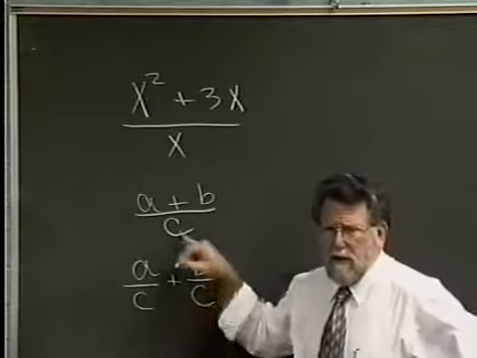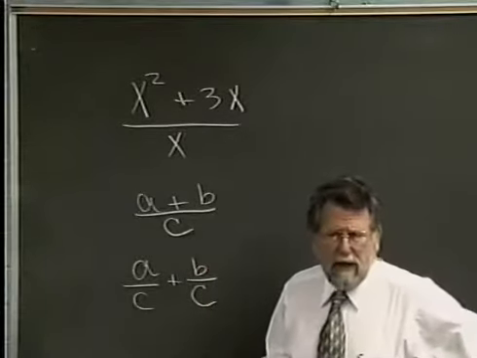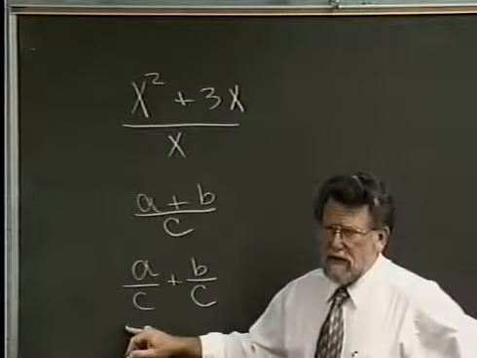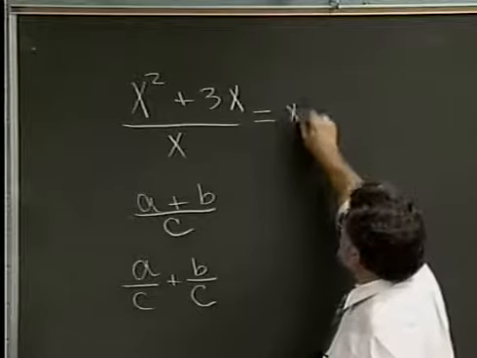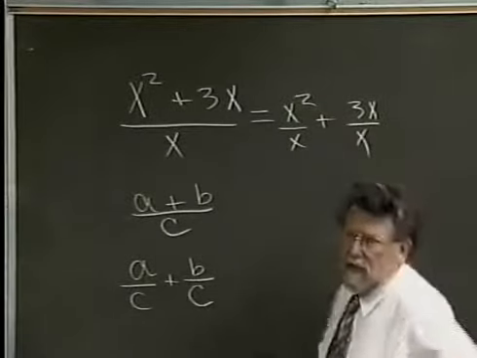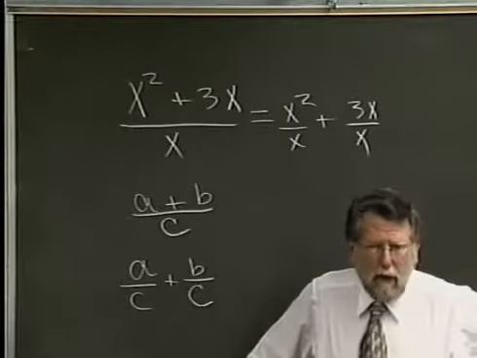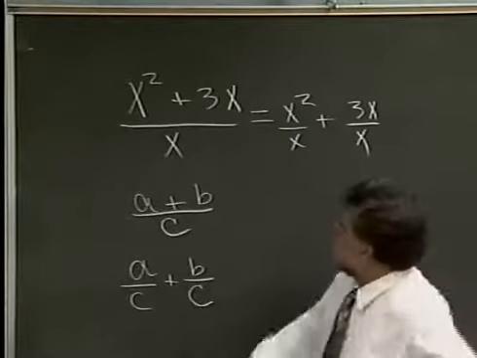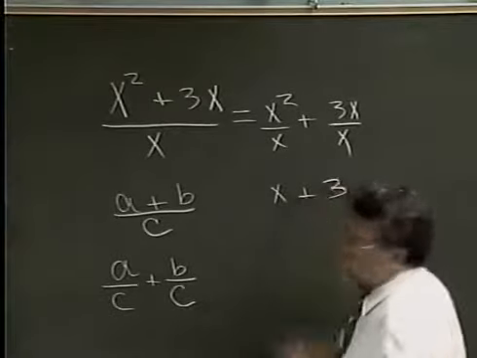If we started at the bottom and went to the top, that's the argument you get for adding with common denominators. So the argument is that x squared plus 3x over x can be rewritten as x squared over x plus 3x over x, and the x is canceled into both parts. So this becomes simply x plus 3.